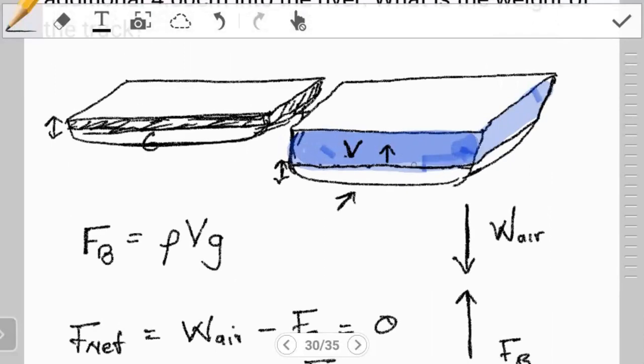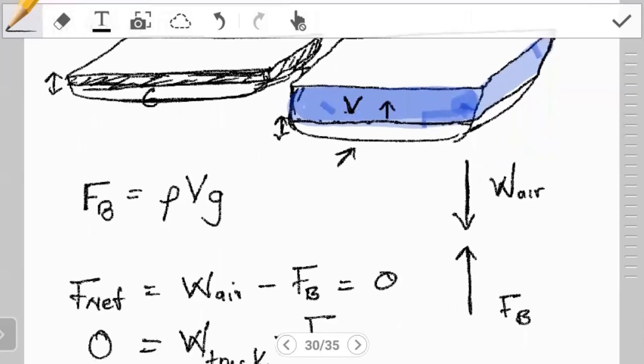In this case, again, we are only looking at the blue section. This is the one whose influence we are trying to find. So by getting the volume of this section, we would have obtained the volume of the water displaced. And then we get the weight of that water to get the buoyant force.